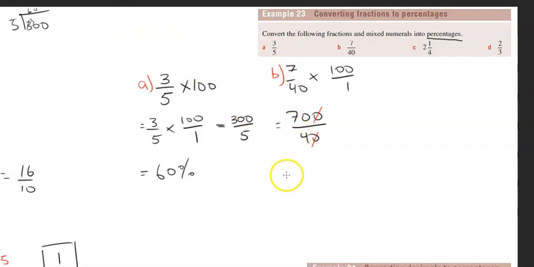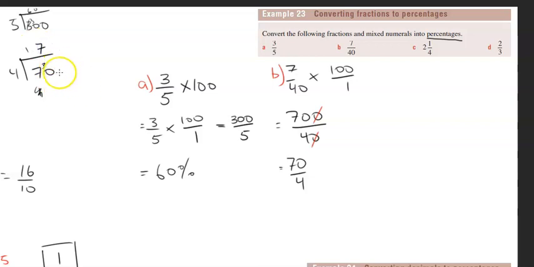Now we're just trying to figure out how many 4s go into 70. 4 into 7 is 1 with 3 remainder. 4 into 30, 4, 8, 12, 16, 20, 24, 28, that is 7 with 2 remaining.